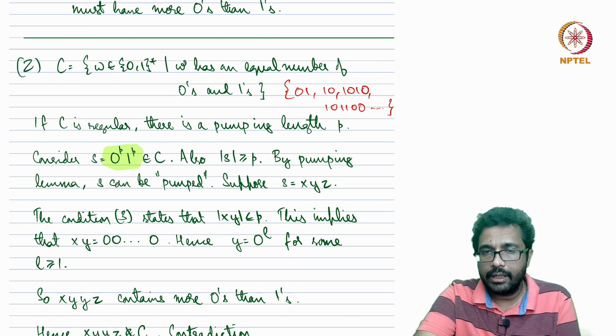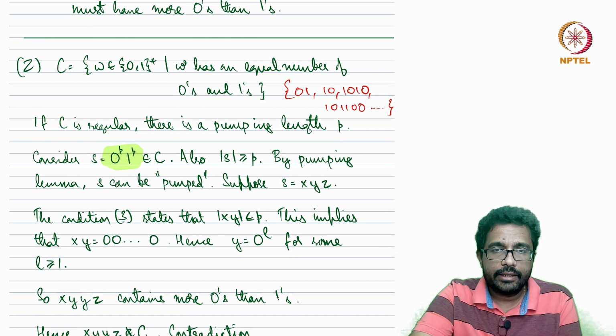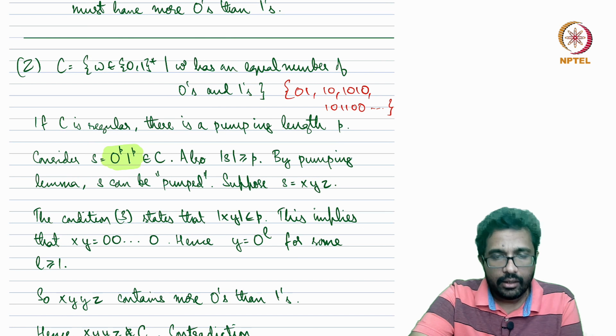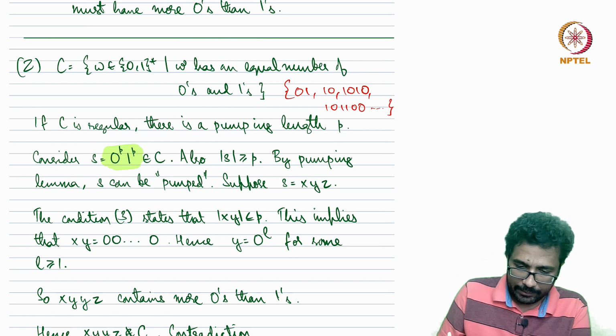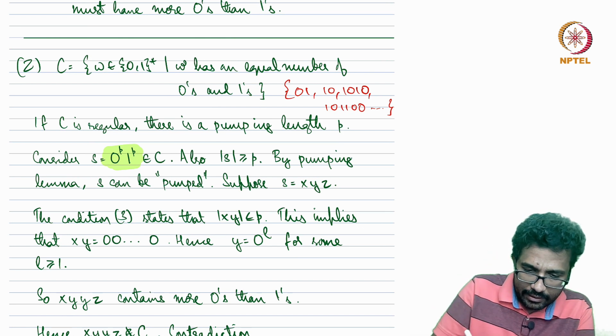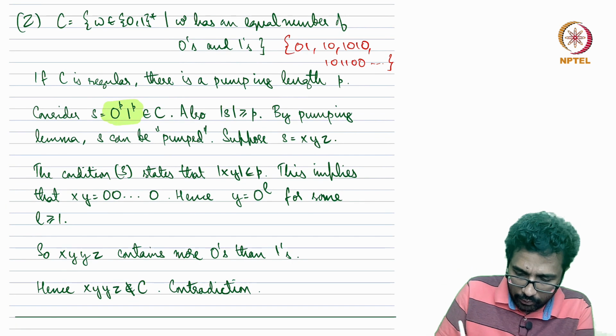pumped, meaning this can be split as x, y, z, meeting the 3 conditions. Now, let us look at the string, p zeros followed by p 1s.